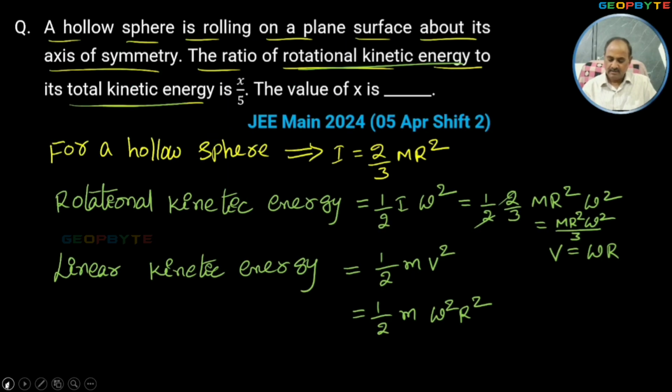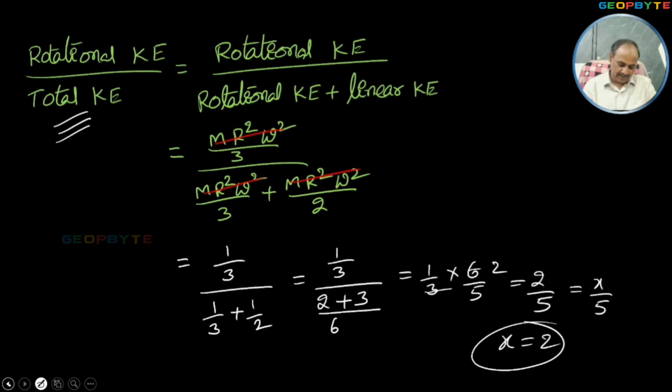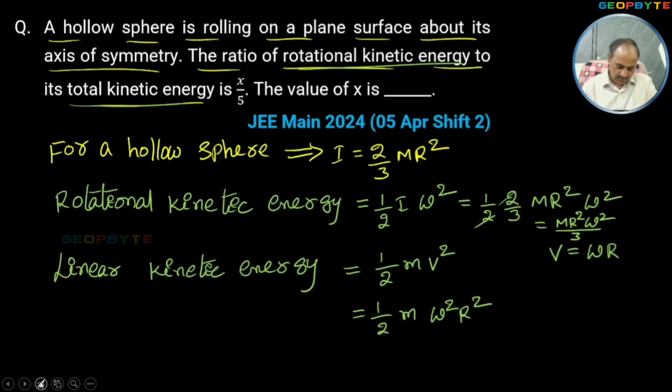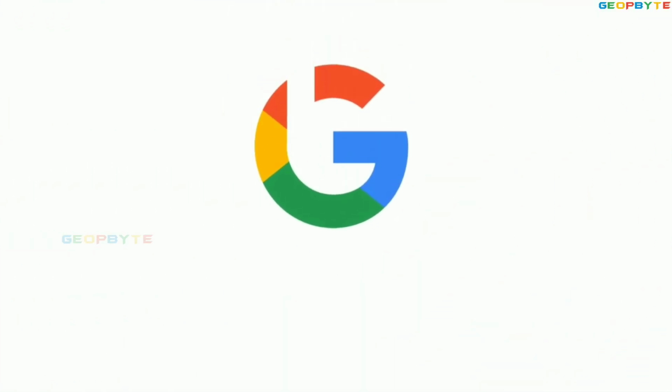But what is given? x by 5. Here x by 5 equals 2 by 5. Then what is the x value? The x value is 2. That is the answer. Got that point? Yes.